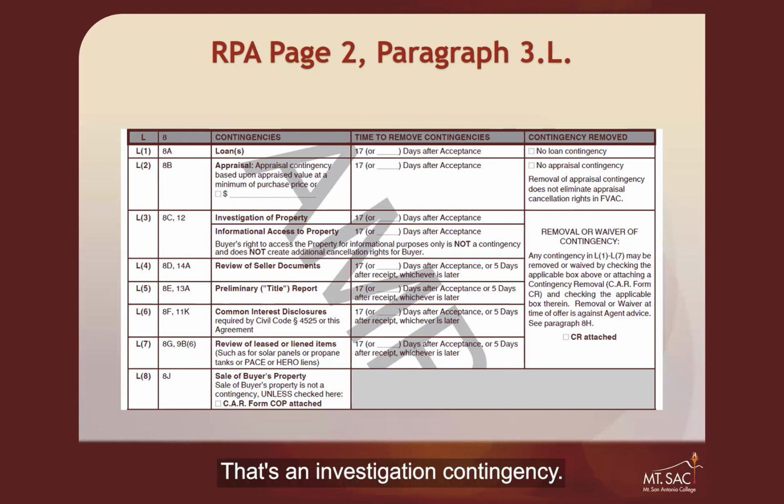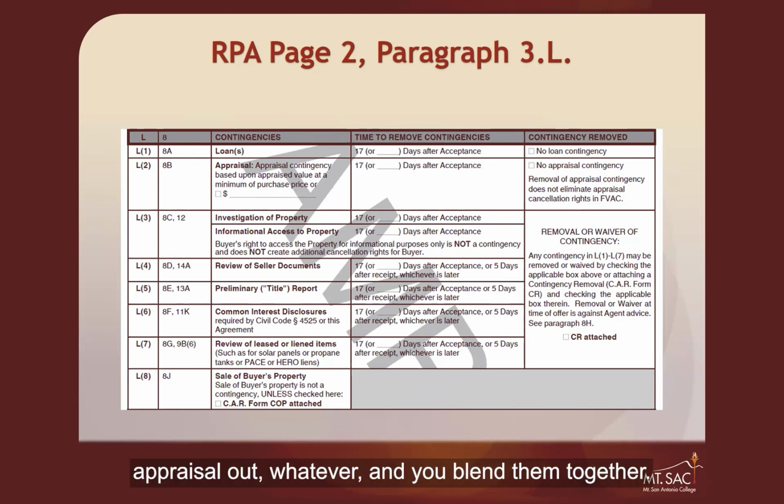That's an investigation contingency. These contingencies are strictly interpreted. So please, when you're releasing contingencies, when you're talking about contingencies, attribute the contingencies to where they are. I know most of the time you say, well, they can't get the loan, can't get the appraisal, whatever, and you blend them together.